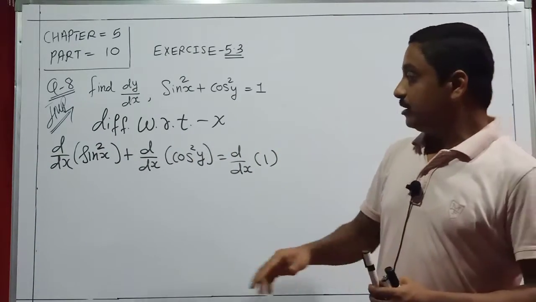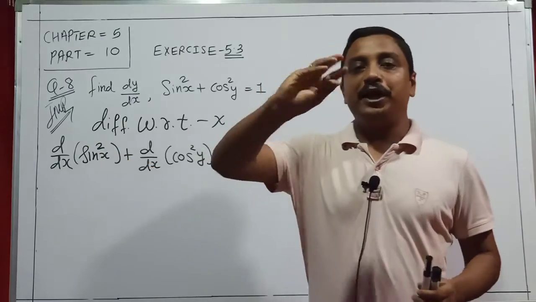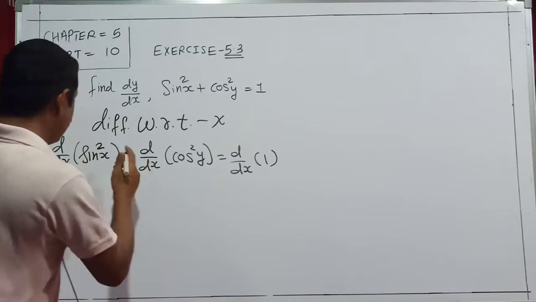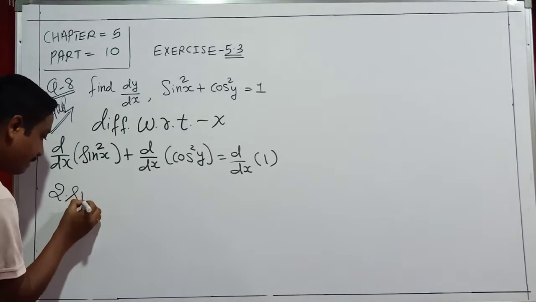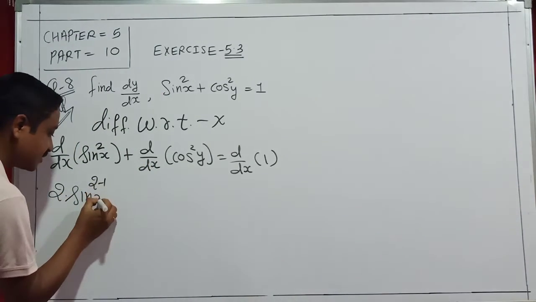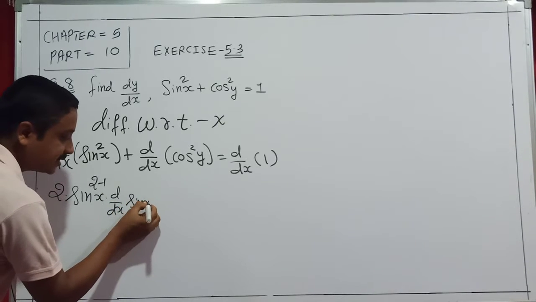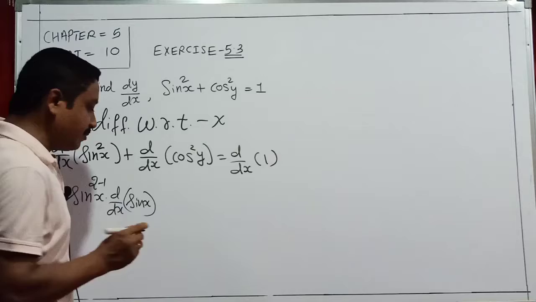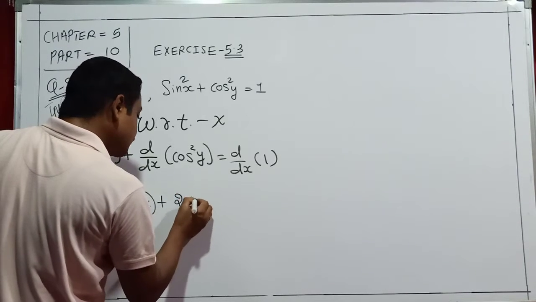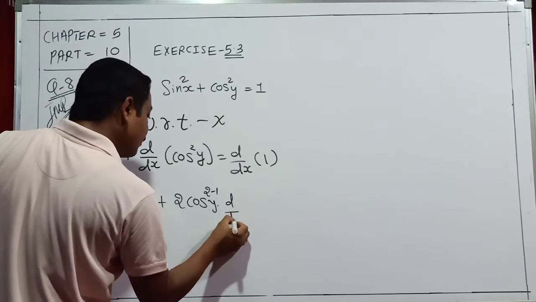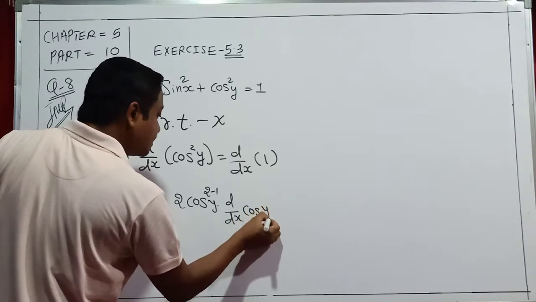Here sin square x: first take the power derivative, after that the sin derivative. So 2 sin^(2-1) x and d/dx of sin x as it is. Same here, 2 cos^(2-1) y and d/dx of cos y as it is.